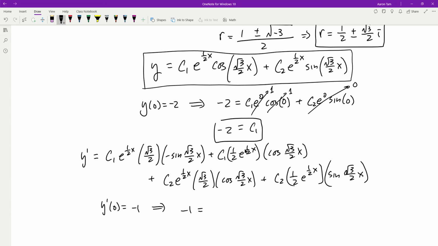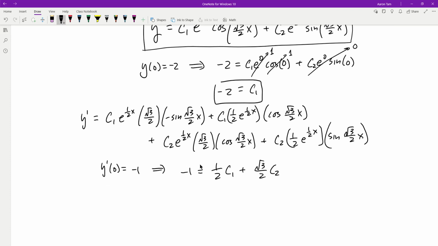So therefore, this first term is out. This second term right here, both cosine 0 and e to the 0 would be 1, so therefore it becomes 1/2 C1, plus this term right here would stay, therefore becoming radical 3 over 2 C2. This term with the sine radical 3 over 2 x would go to 0, so that one is gone. And I already know C1, so I'm going to plug that in.